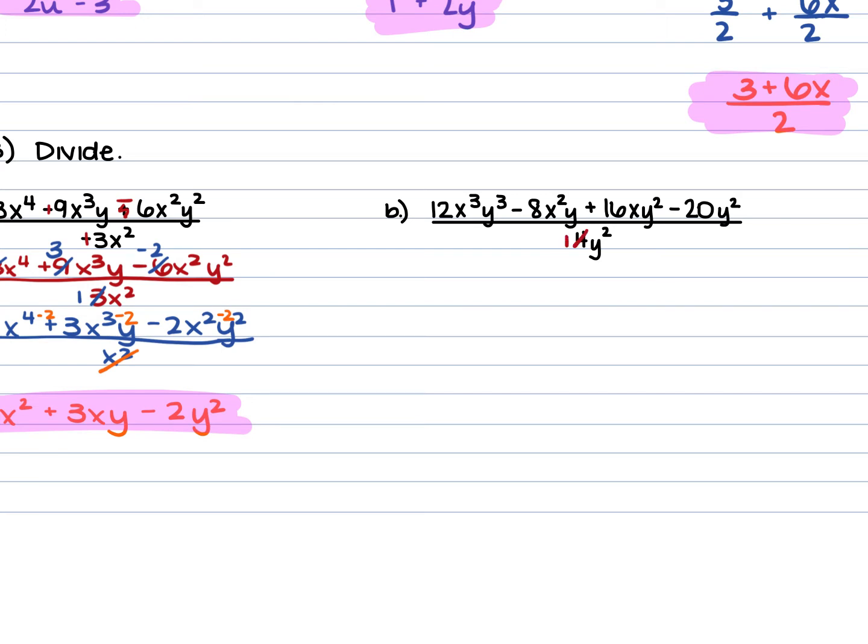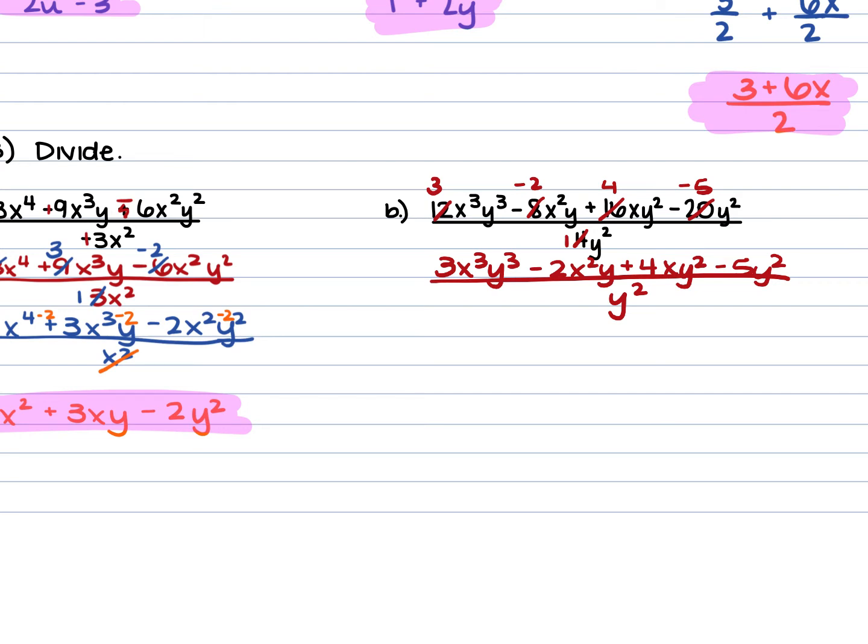This 4 would become a 1, 12 becomes 3, negative 8 becomes negative 2, 16 becomes 4, and negative 20 becomes negative 5. So ultimately, we're working with 3x cubed y cubed minus 2x squared y plus 4xy squared minus 5y squared all over y squared.